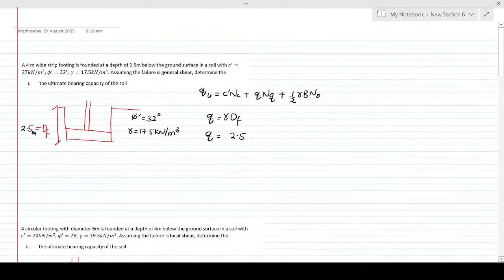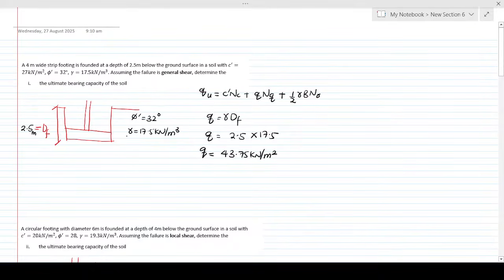The depth is 2.5 by gamma, which is 17.5. So our q is equal to 43.75 kilonewton per meter squared.